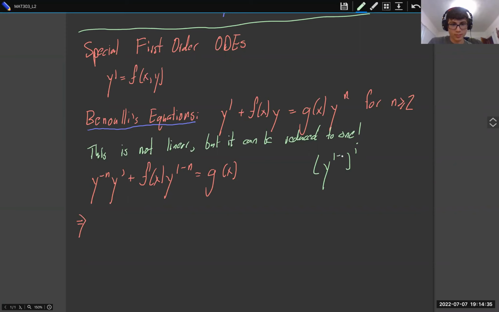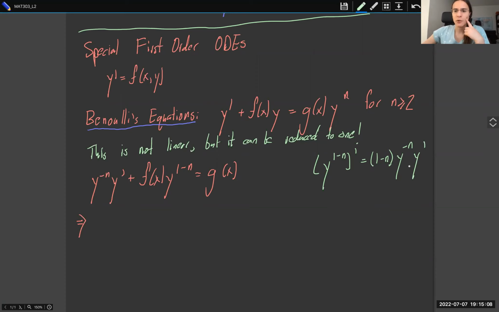Yeah, so when I add 1 to negative n, I get 1 minus n. And so when I differentiate this, the exponent comes down, so I get 1 minus n, then y to the power of, I subtract 1, negative n. And because it's sort of implicit differentiation, as you said, because y is a function of x, or rather the chain rule, because it's a composite function, by the chain rule you get a y prime here, right?